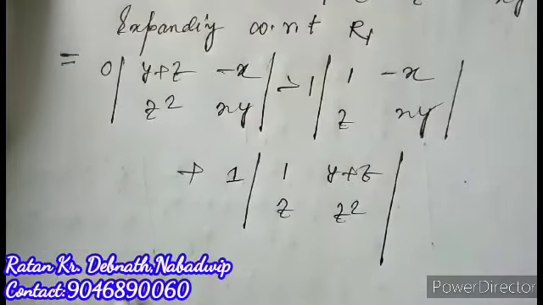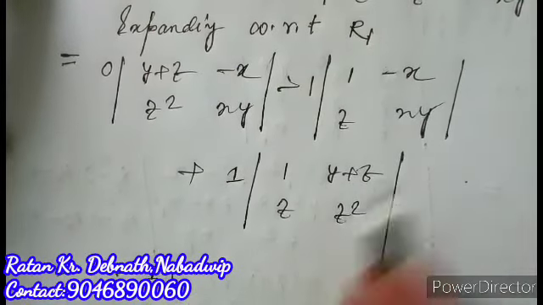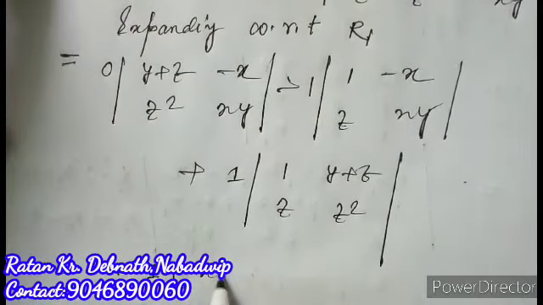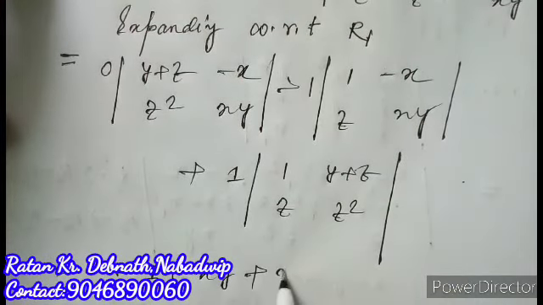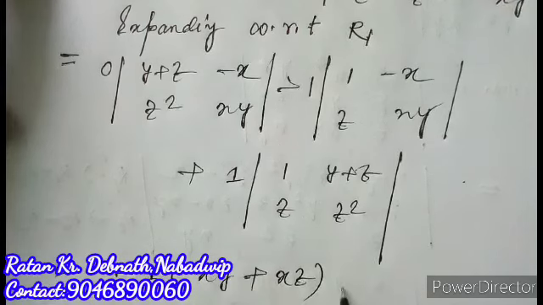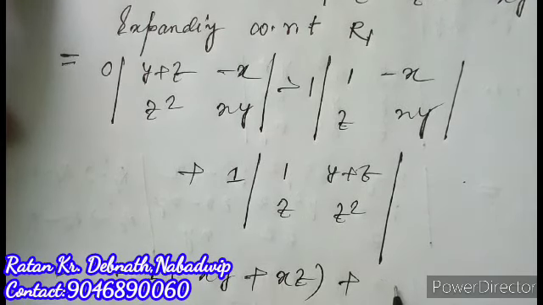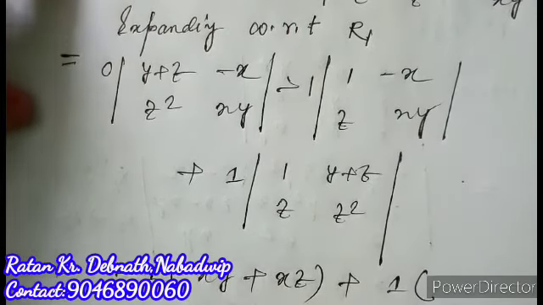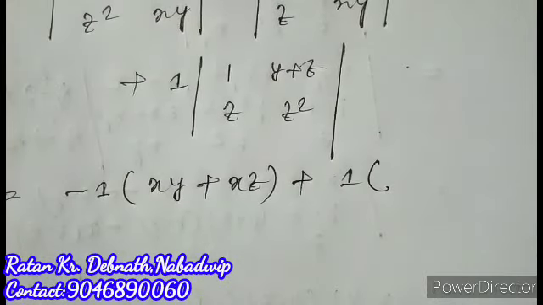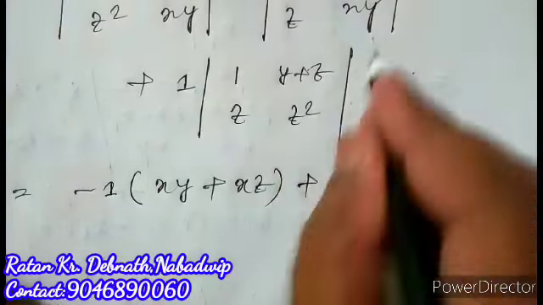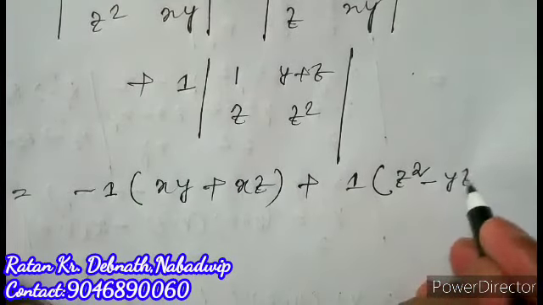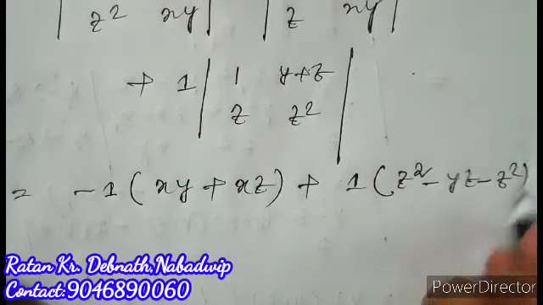This equals 0, so minus 1 into this cross this xy, minus of this cross this means plus xz, plus 1 into z square minus of yz minus z square.